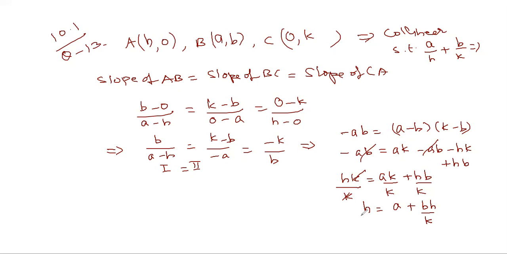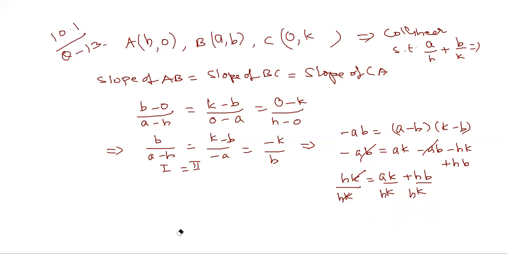Now you have to divide by h also, so that you can have 1 here. So if you divide directly by hk, instead of doing it 2 times, divide by hk.